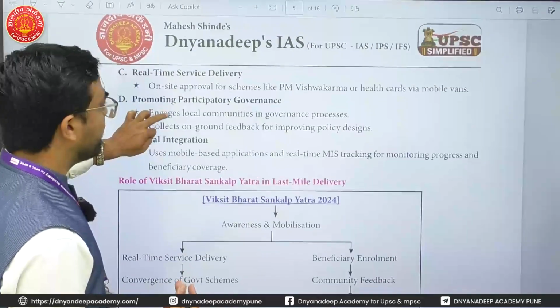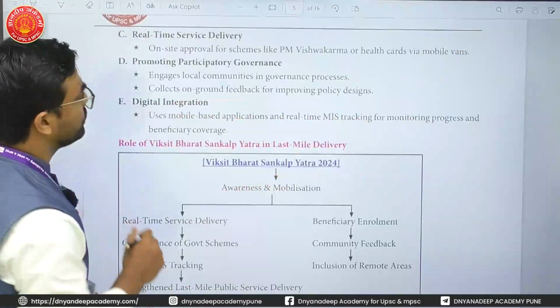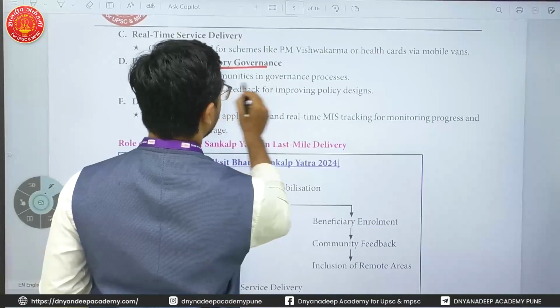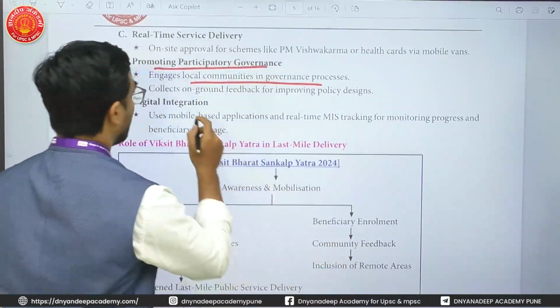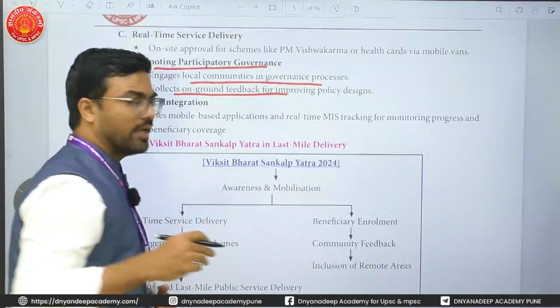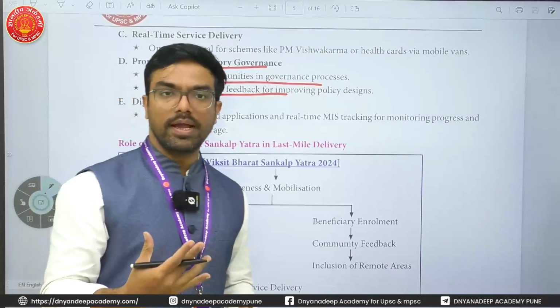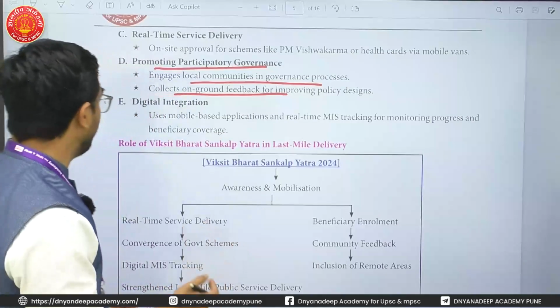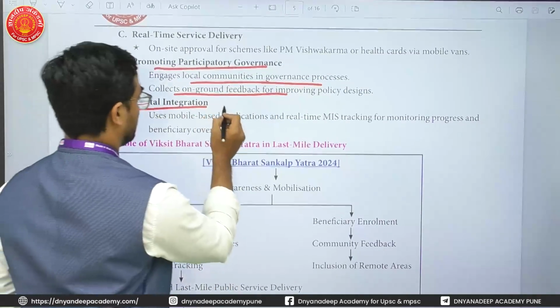Also, there is real-time service delivery. Also promoting participatory governance, it engages local communities in governance processes and collects on-the-ground feedback. That's why, if there are any limitations or challenges, they can be addressed. It ensures digital integration. How?